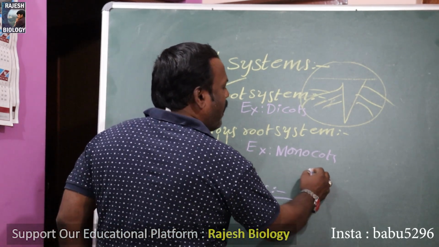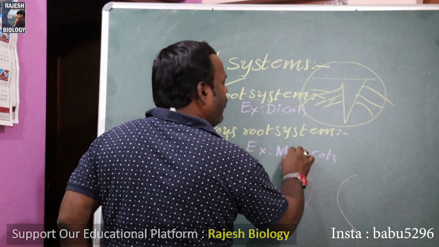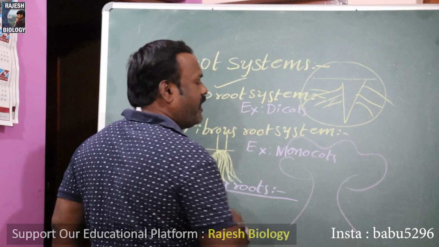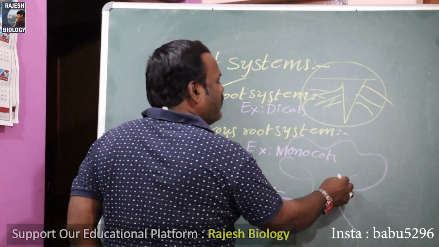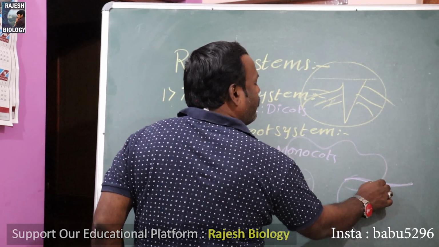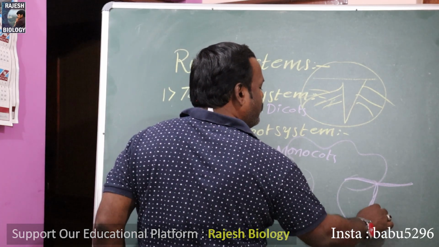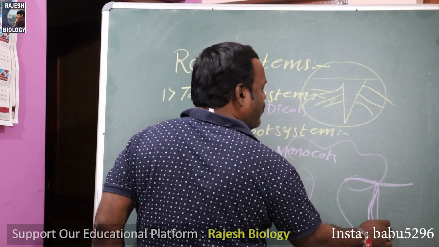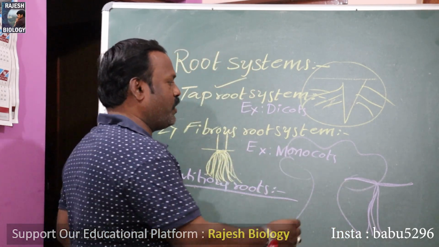For example, do you know the banyan tree? Did you see that banyan tree? It is the biggest tree, Ficus bengalensis. In it, there is a branch, and from that branch roots originate. Roots originate from the branch.